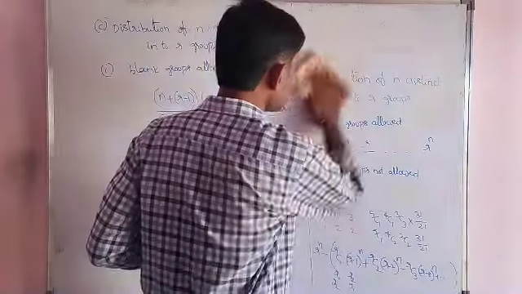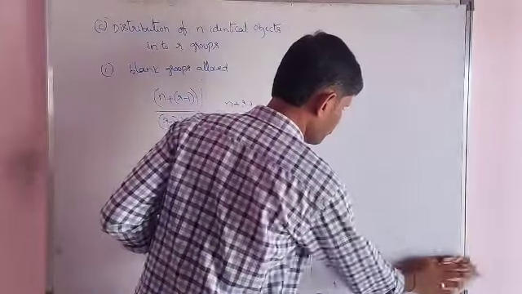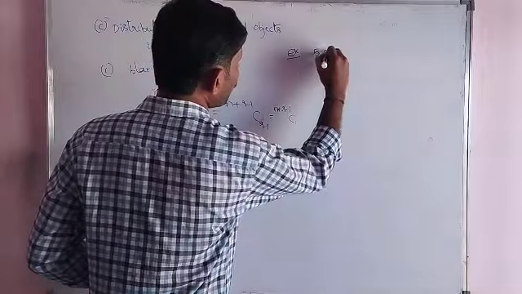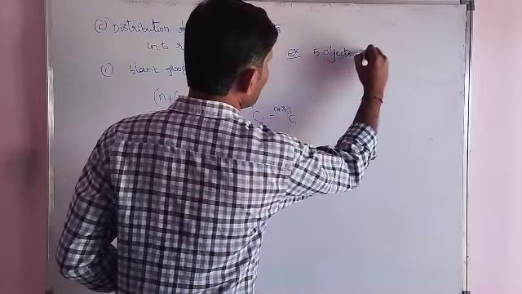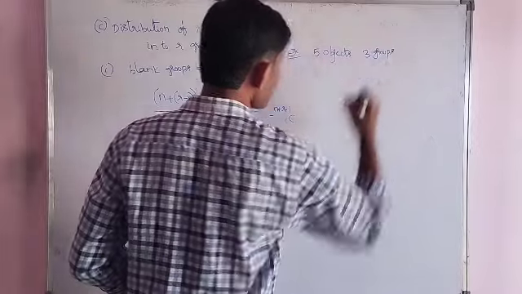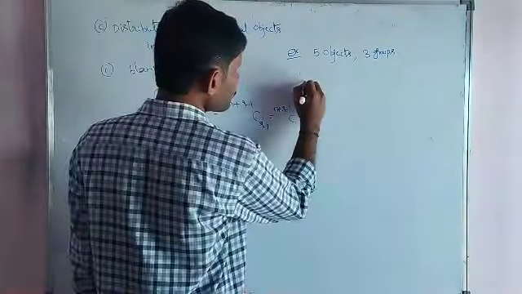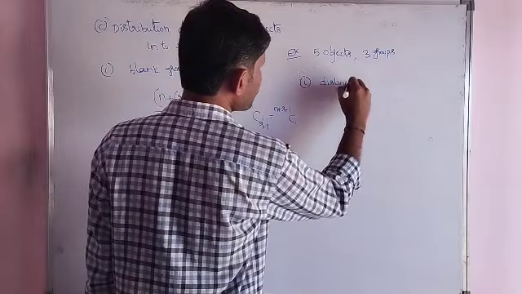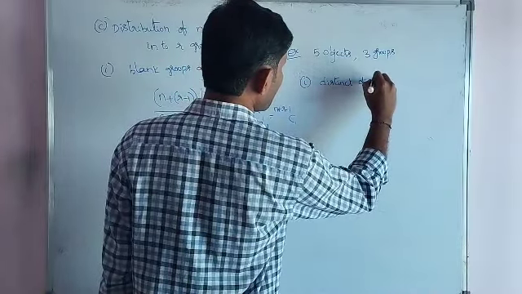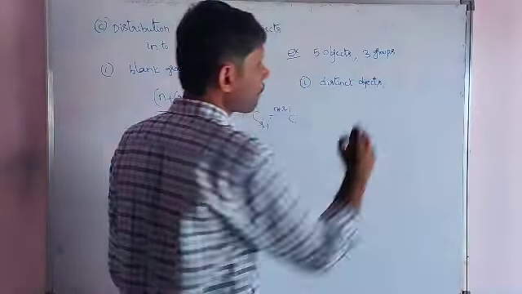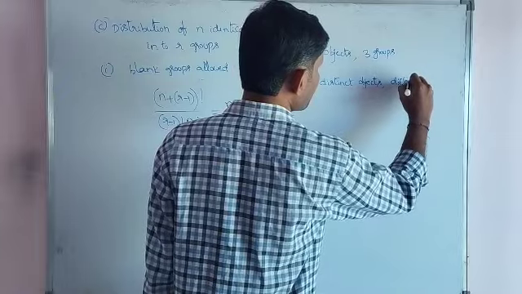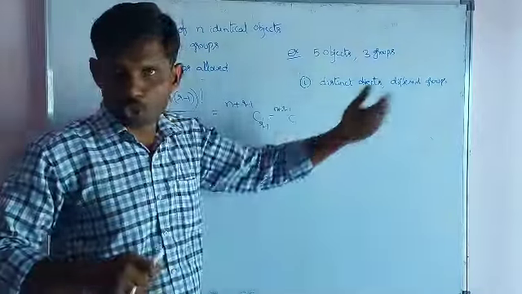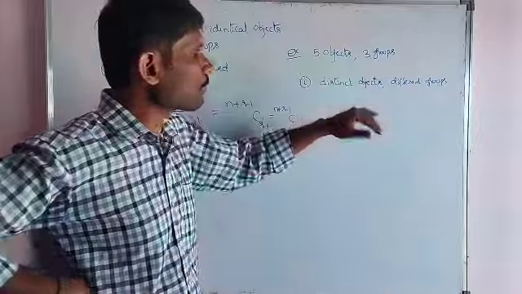Say we have 5 objects and 3 groups. So we need to place 5 objects into 3 groups, and then whether they are distinct or different, we have conditions.